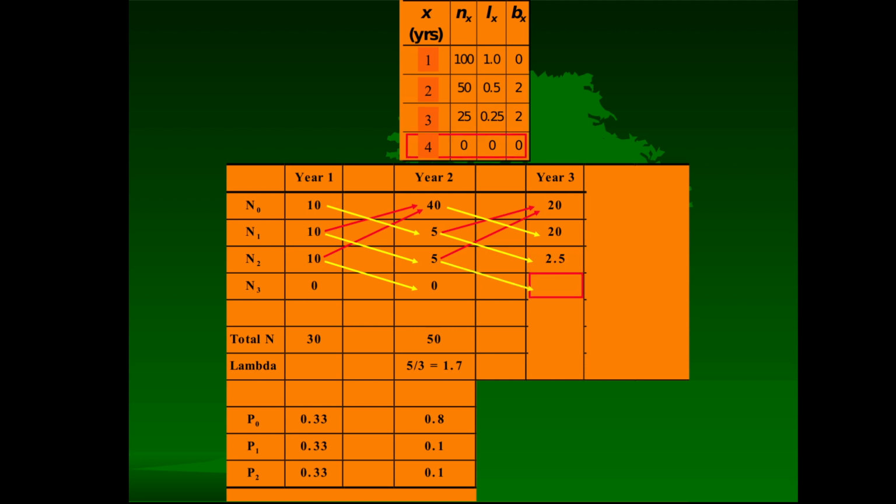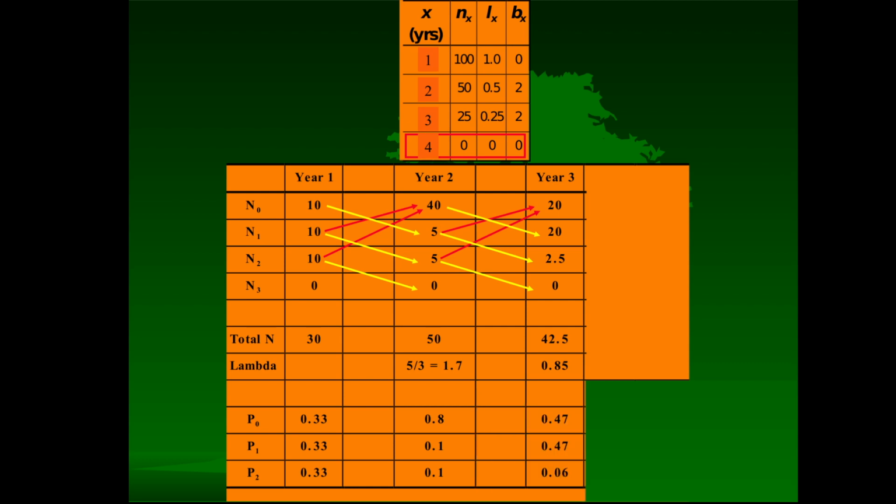This gives a total of 42.5 individuals, which actually is a drop from 50 the year before. So the lambda from year 2 to 3 is only 0.85.